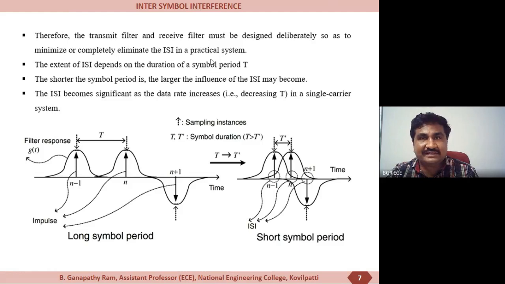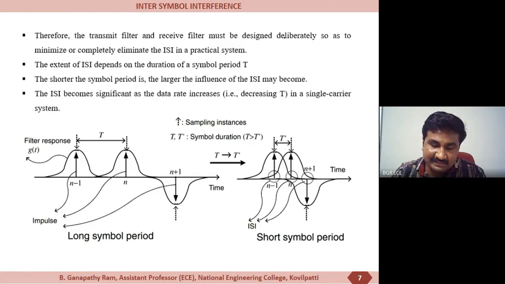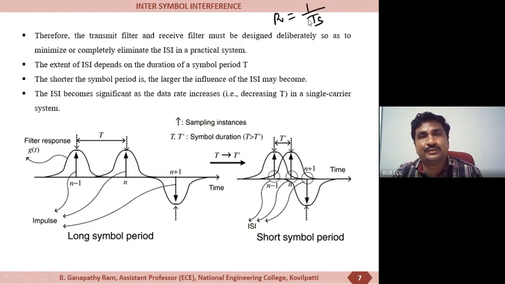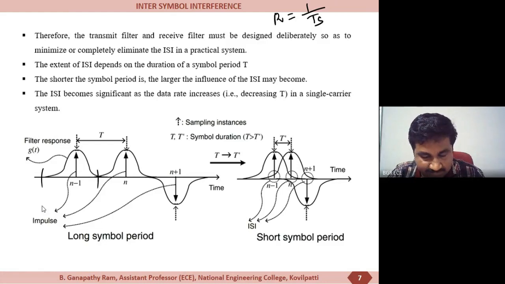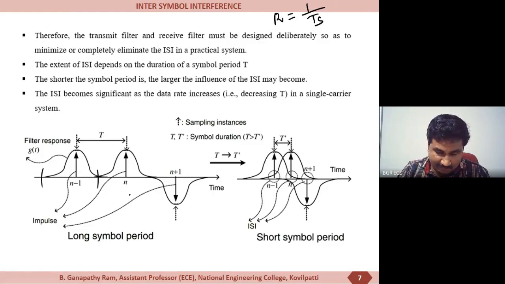If the symbol duration is large, then the data rate of the system will be small, because the data rate is inversely proportional to the symbol duration. If the symbol duration is large, then the filter response will be sufficient so that the inter-symbol interference can be avoided. But the disadvantage of this system is a poor data rate.